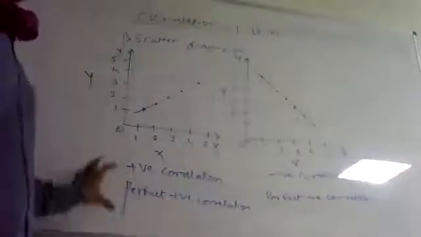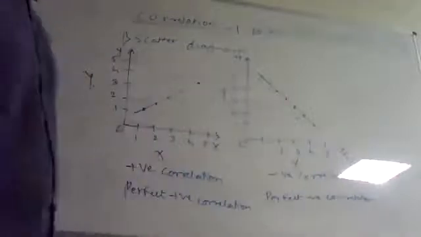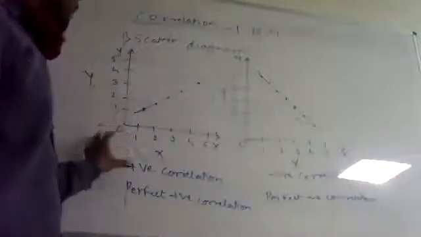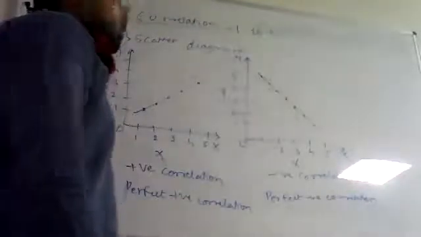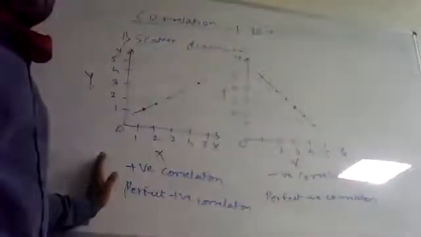Understood how to study the positive correlation and negative correlation on the basis of scatter diagram? If we get a straight line starting from lower left hand to upper right hand, then it is the positive correlation.